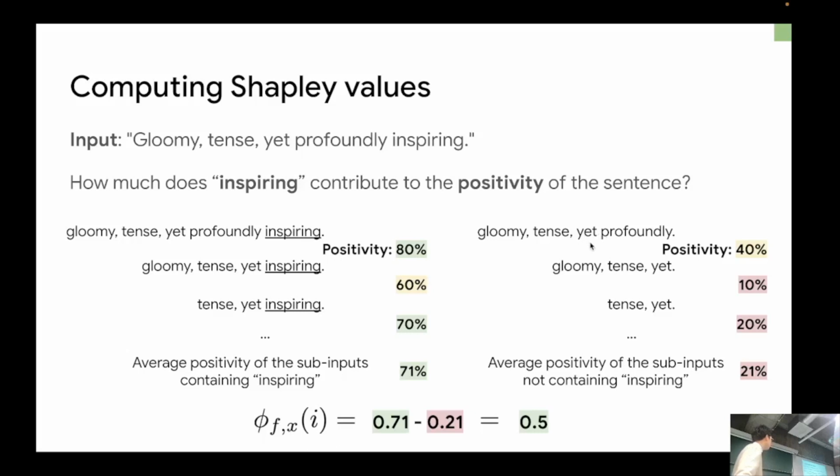You also consider the cases for each possibility when that word inspiring is missing, and compute the positivity again. You can take the weighted average across all these possibilities and do the same weighted average across the others. That gives 71% on the one side and 21% on the other side. If you take the subtraction, which gives you 0.5, that's exactly what the Shapley value gives you for the importance of the word inspiring.